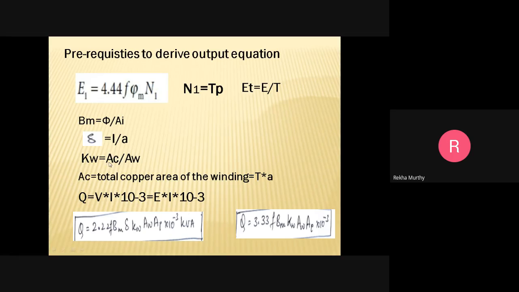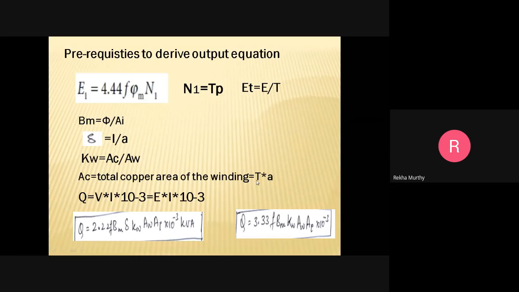the area of copper, AC, divided by the window area. Window space factor is defined as the area of copper divided by the window area. What is the area of copper?